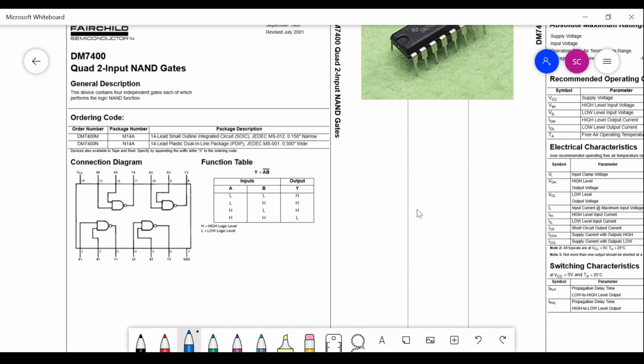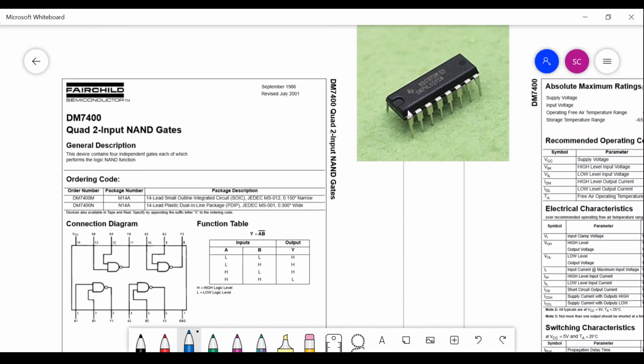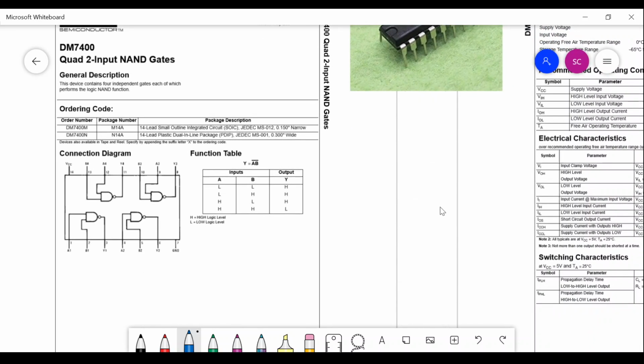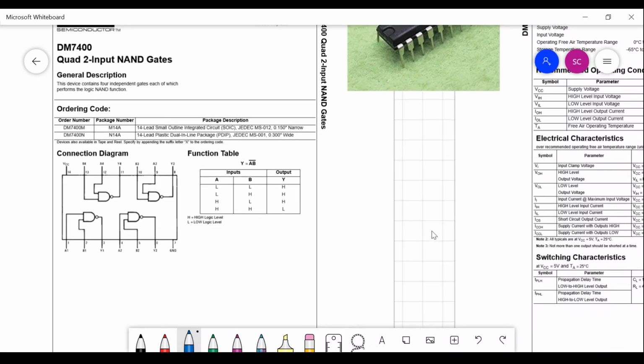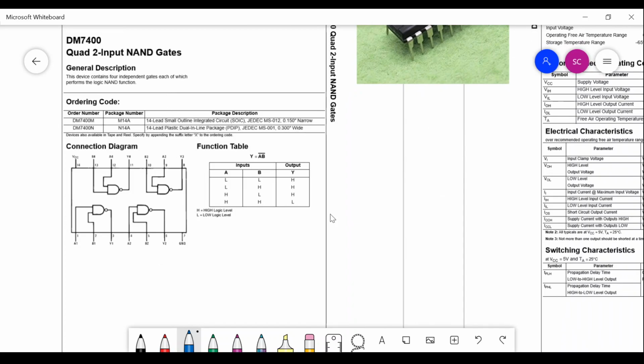In this particular lecture, I will simply introduce you to the IC chip and some of its physical parameters that we need to be certain about. So this is a data sheet which provides you with all these physical parameters. So first thing in the data sheet that one must notice is the arrangement of the gates within the IC chip.